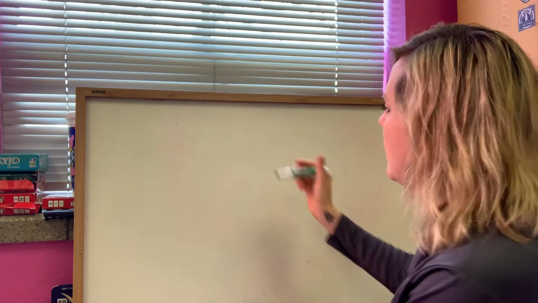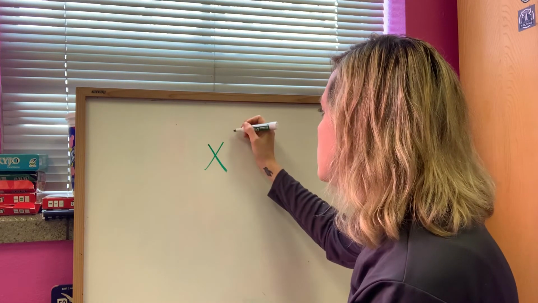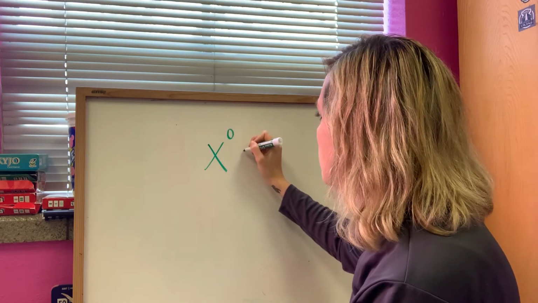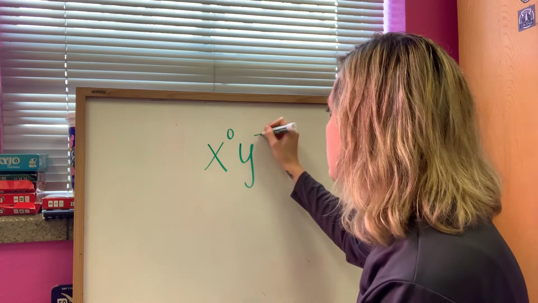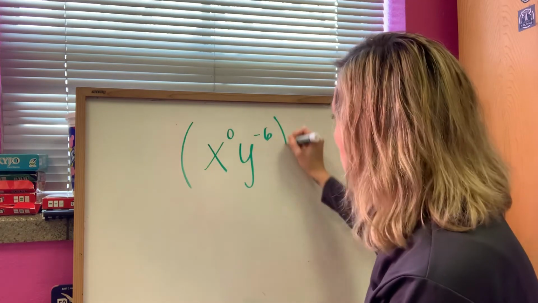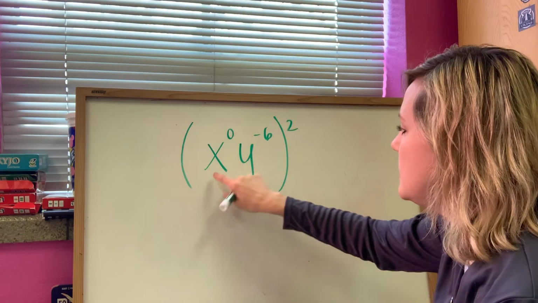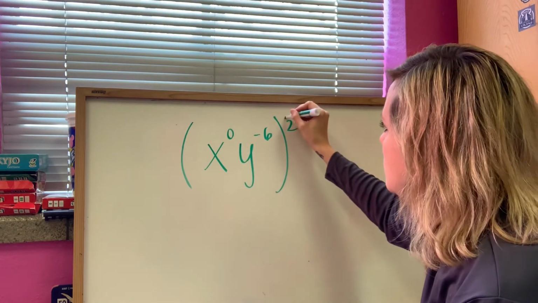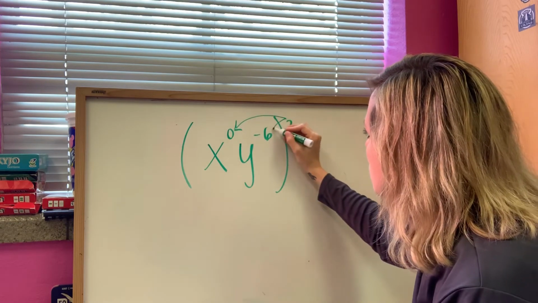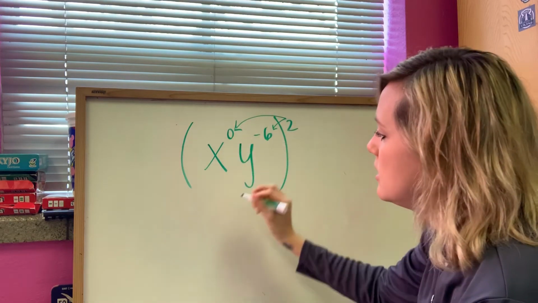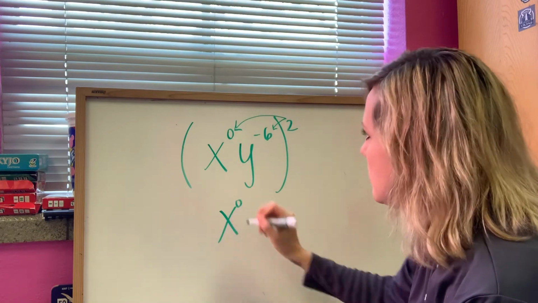What if we had x to the 0 power, y to the negative 6th power, all squared? Okay, so that means 2 of these and 2 of these. So I'm going to distribute the 2. 0 times 2 is 0, so I'm still going to have x to the 0.